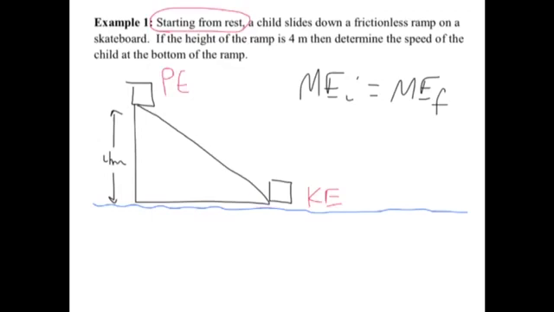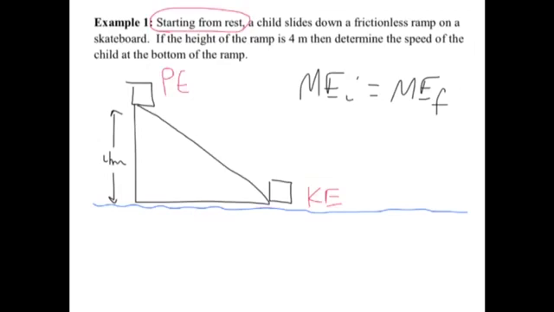It was mgy. What does y represent, Luke? Where is it along the y-axis right now? It's at zero height. So there can't be potential energy when you're at ground level. There's no height, so there's no potential energy at the bottom.